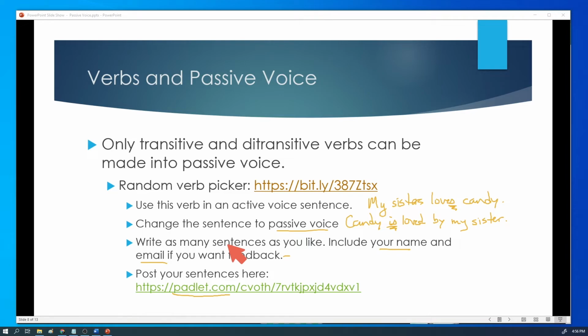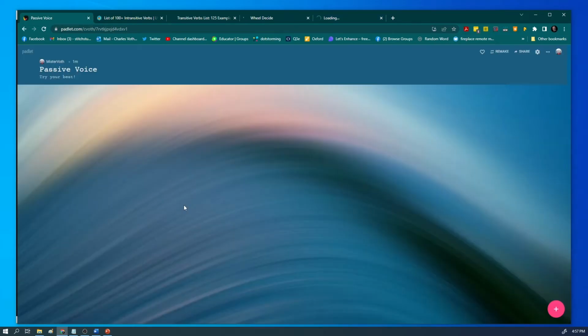So I'll ask you to go to this website, and all you need to do is click on the little circle here, or just click anywhere on the screen. And you'll be able to write.